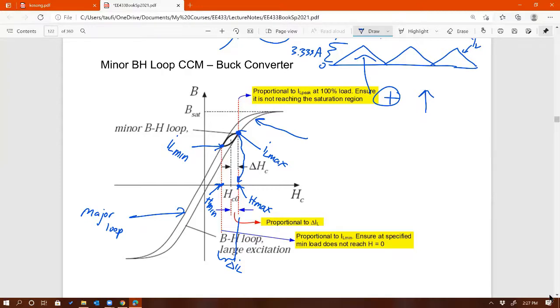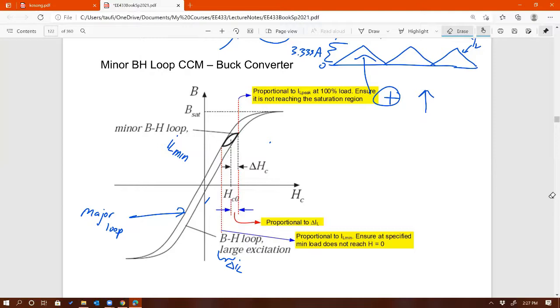Okay. And I'm going to erase this, because it gets crowded here. If you are operating this circuit in continuous conduction mode, then the IL min should be above 0, just like this picture shows you. So this minor loop that you see in front of you represents the operation of the buck converter in CCM.